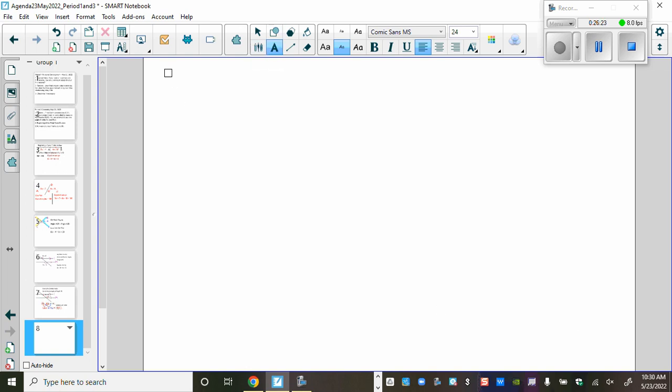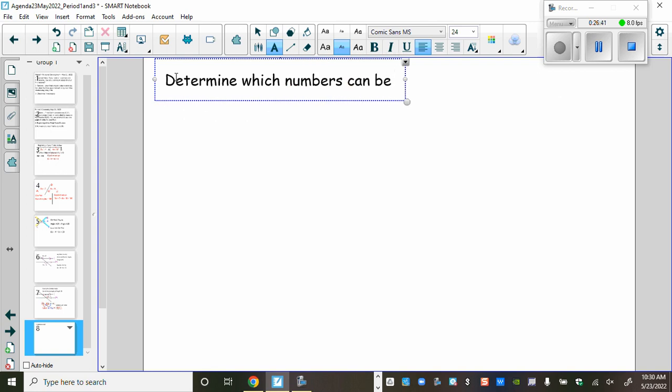Another thing I want to mention is the following. Let's say you have a problem: determine which numbers can be the sides of a triangle.